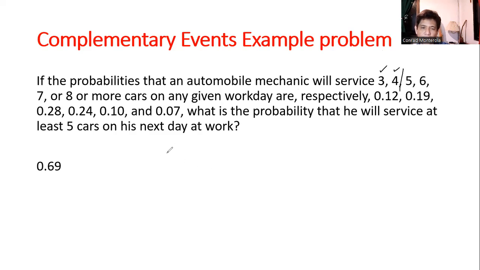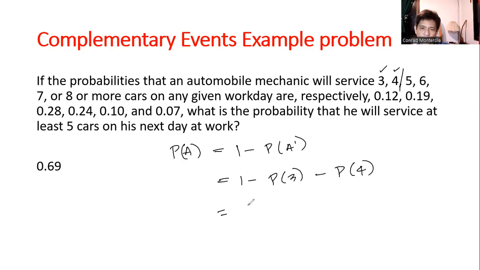So basically ang magiging equation dito would be probability ng tinatanong na event, let's call that A, no? Yung answer dito sa question na to would be 1 minus probability of A prime. Okay? So tapos yung probability of A prime is probability of 3 at saka probability of 4, di ba? So 1 minus probability of 3 at saka minus probability of 4.